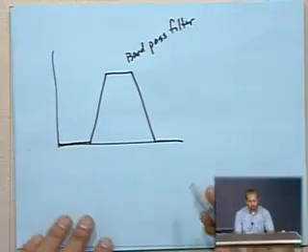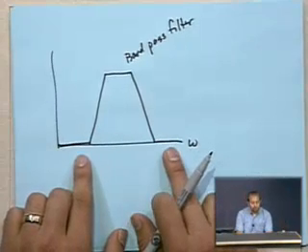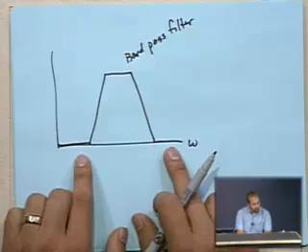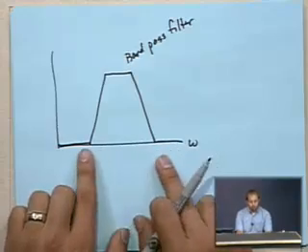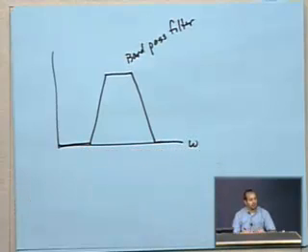It's saying that for certain frequencies, I'm not going to let anything through. For other much higher frequencies, I'm also not going to let anything through. But for some frequency range in the middle, I want that to come through. That's the kind of thing you'll start seeing with these transfer functions.